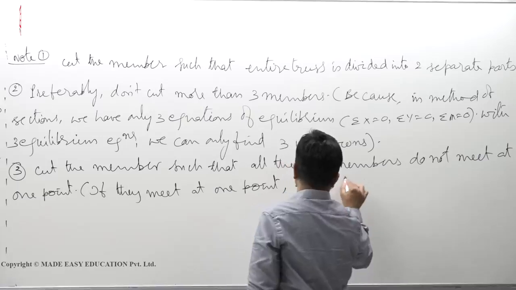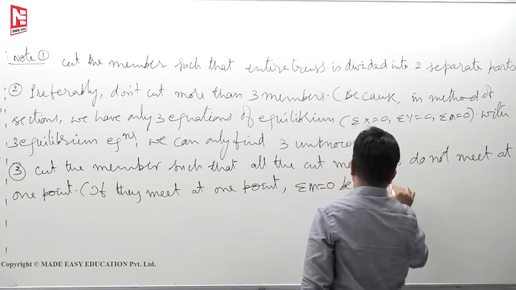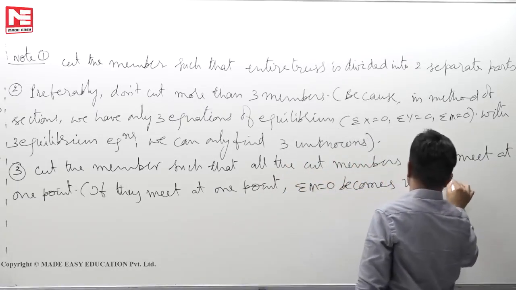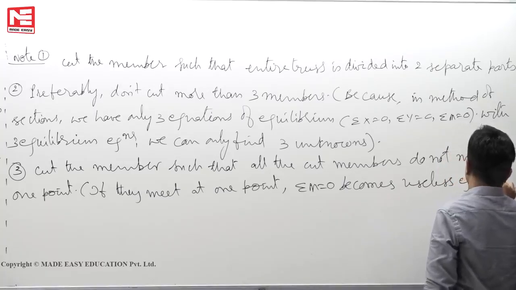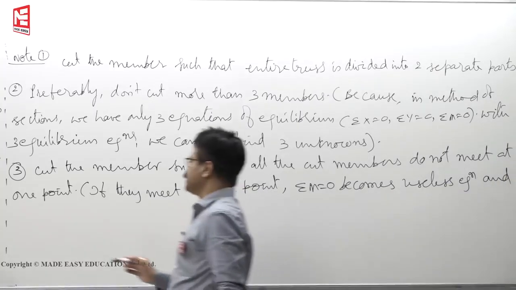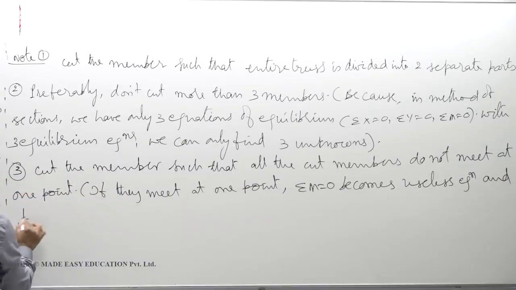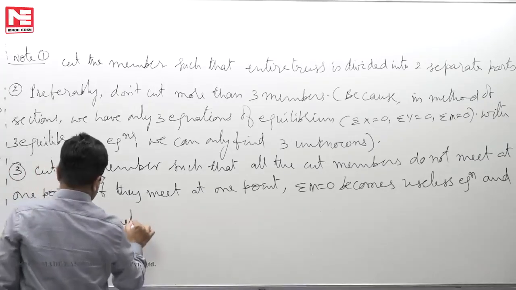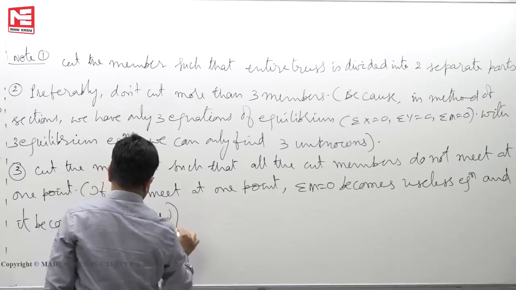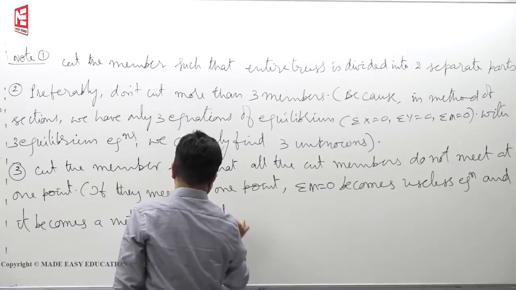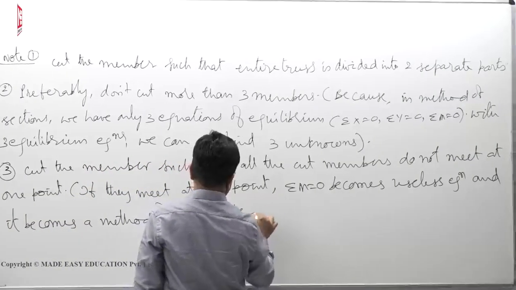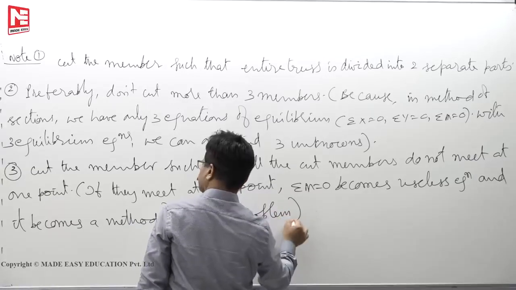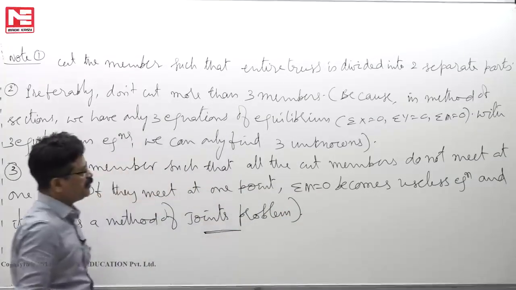Sigma m is equal to 0 becomes a useless equation, and it becomes a method of joints problem.